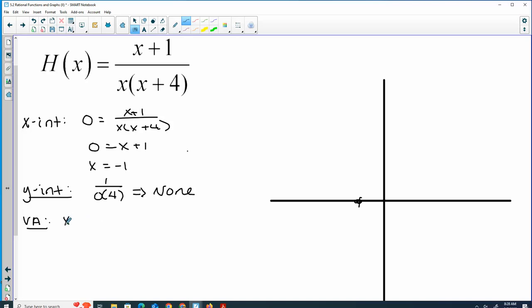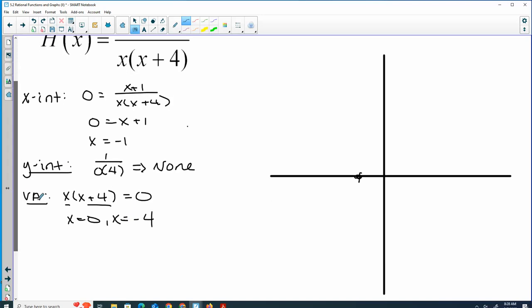If I want to figure out what makes the bottom 0, there's two of them. X can equal 0, or x can equal -4. You have to give me the x equals on that, or I will count off. So those are where I put my vertical dashed line.